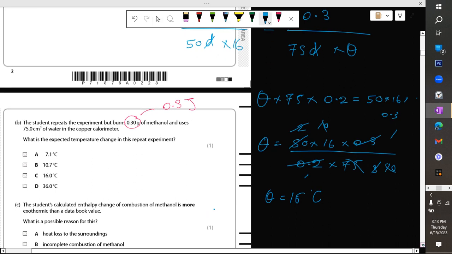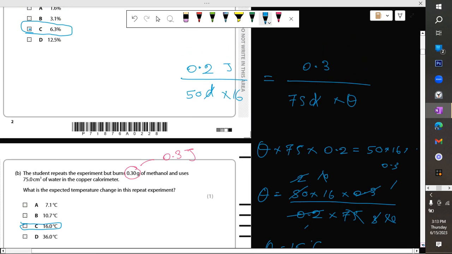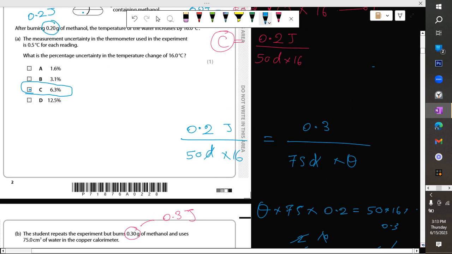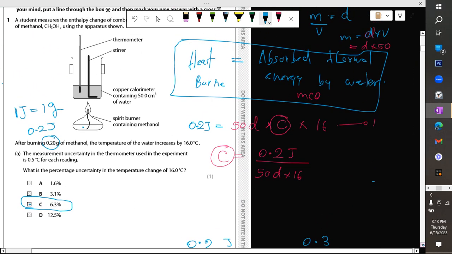The temperature change should be 16 °C, right? Okay, guys, the emitted heat by the spirit burner is equal to absorbed heat. Let's assume that heat loss is zero, that emitted heat is absorbed by the water, right?